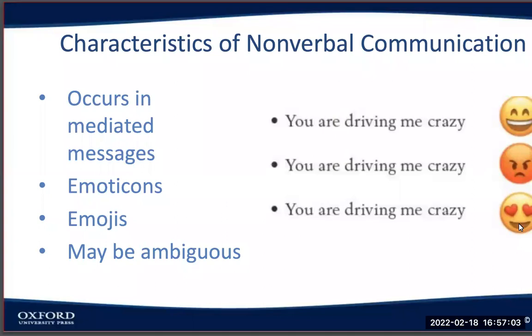I know that text messages can cause a lot of miscommunication. And so a lot of times, if you want to make sure people know that you're trying to be happy or nice, you just add a happy emoji at the end so that they don't interpret it differently.